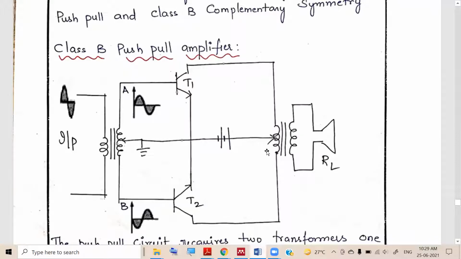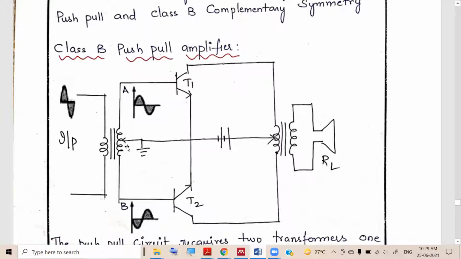So instead of inverting the signal, as I told you, the signal at B is the inverted version of the signal at A. Instead of doing that, why don't we select a transistor T2 which functions in a manner opposite to that of T1?